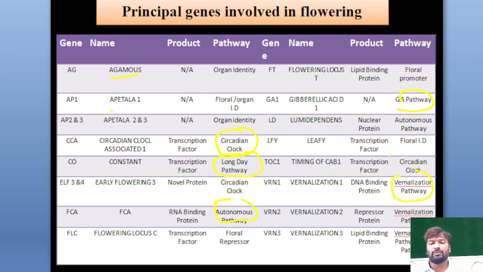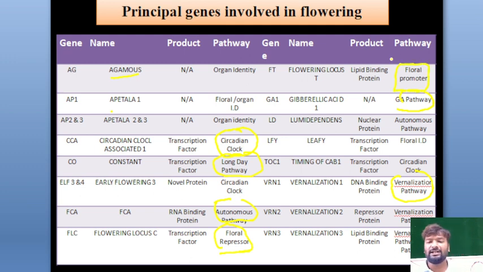So friends, in the flowering process, many of these pathways are integrated and regulate the flowering process. Also from these slides, we can say there are a number of genes which act as flowering repressors, and some genes act as floral promoters.